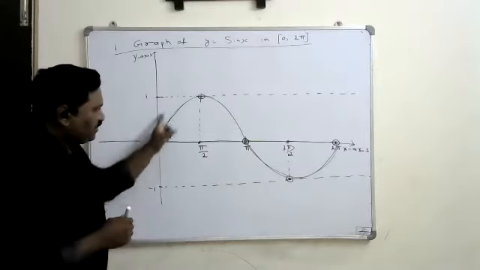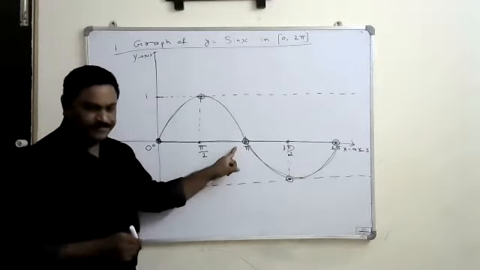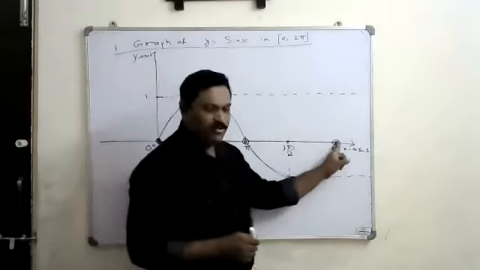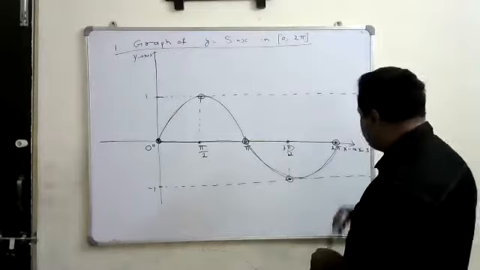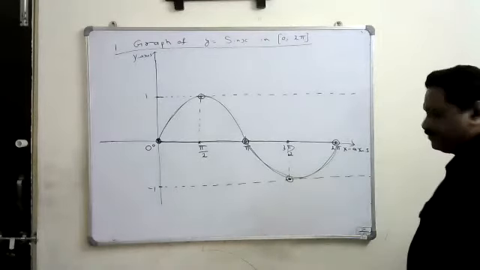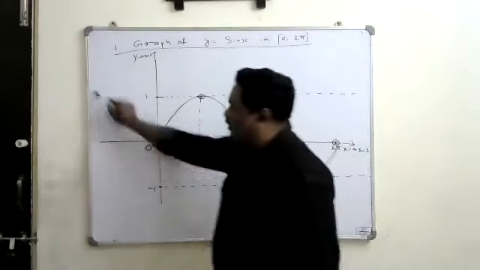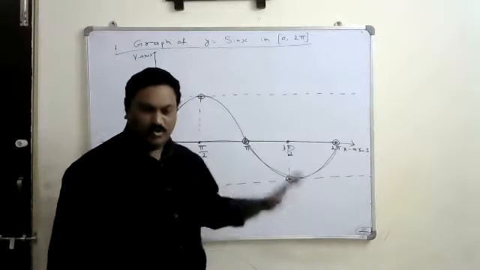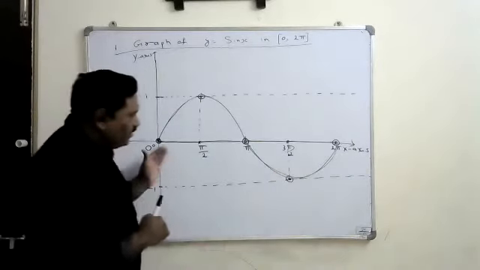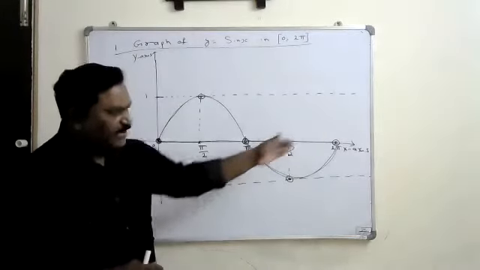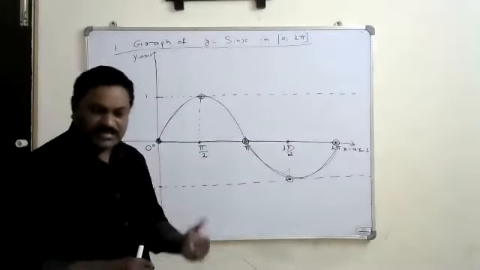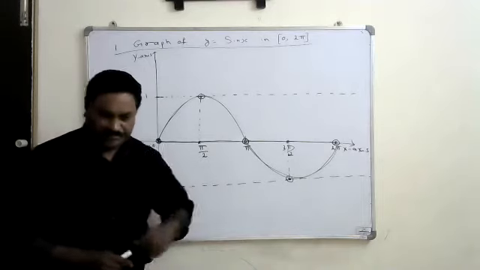If you observe this graph, here it is completing one positive rotation and again it is completing one negative rotation. If you continue this graph, it is going to continue like this, and here also it is going to continue like this. That's why there is no ending for the graph. It continuously goes on. That's why it is called a continuous function.